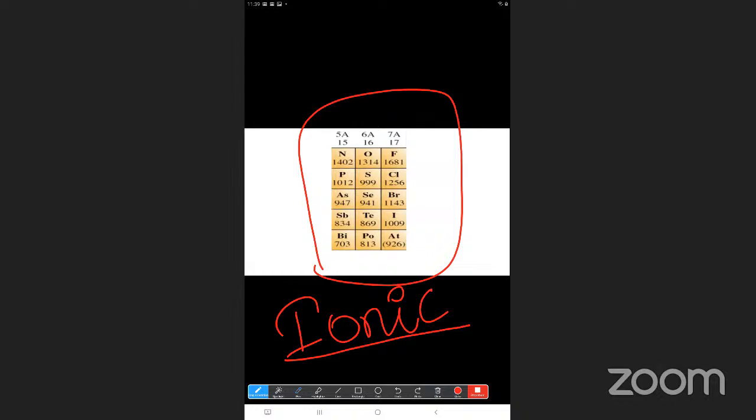So these elements will take electrons, gaining electrons to become stable with 8 electrons in the valency shell. Here 5A group elements take 3 electrons, 6A group elements take 2 electrons, and 7A group elements take 1 electron.